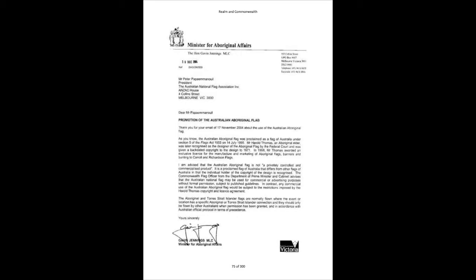The Commonwealth Flag Officer from the Department of Prime Minister and Cabinet advises that the Australian national flag may be used for commercial or advertising purposes without formal permission, subject to published guidelines. In contrast, any commercial use of the Australian Aboriginal flag would be subject to the restrictions imposed by Harold Thomas Copyright and Licence Agreement.